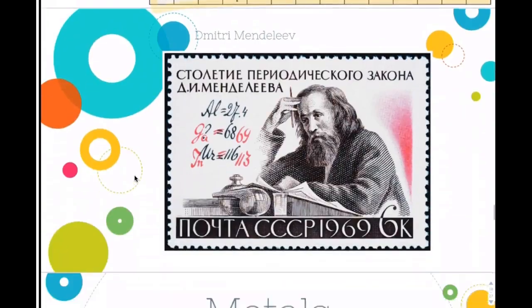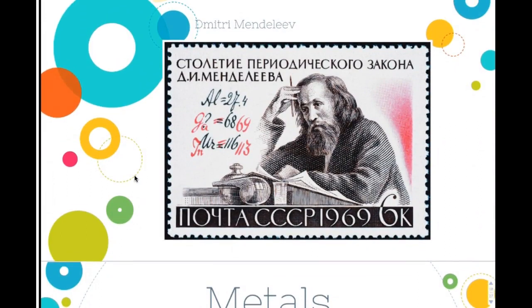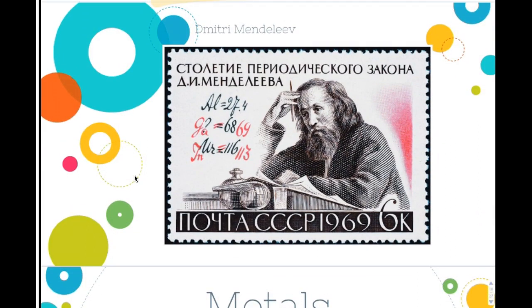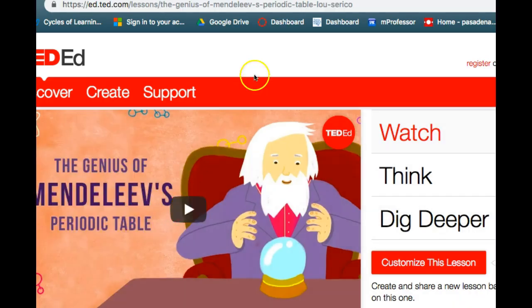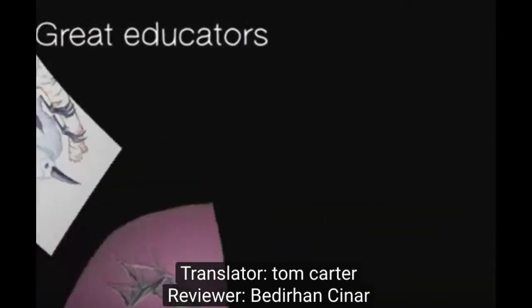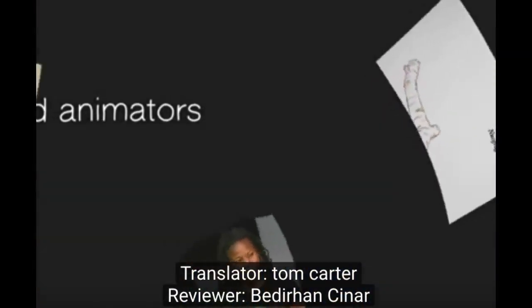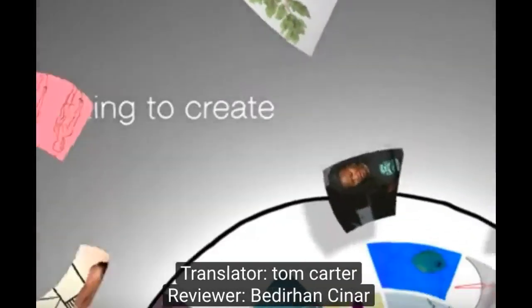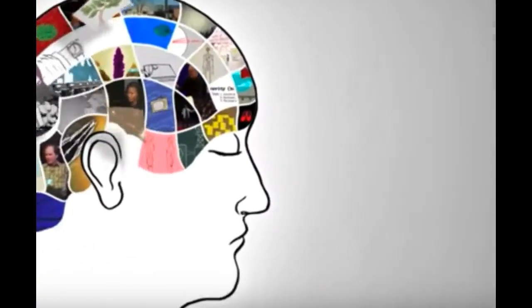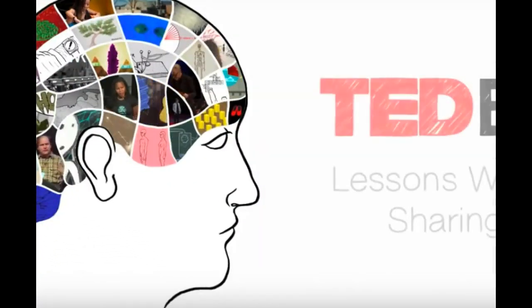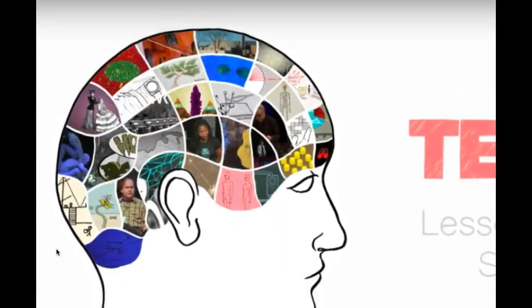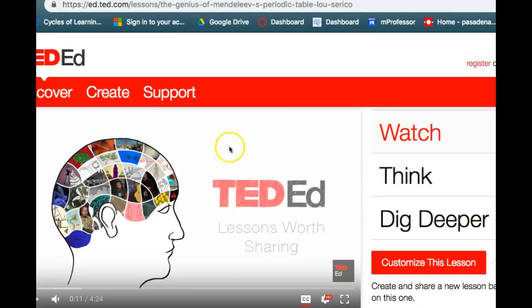And so next there is a link in the slides for a video, and this video is of Dmitri Mendeleev. And so if you click on the link in the slides, I highly recommend watching this video. I don't think it's going to let us have the sound on while I'm talking. So I'm not going to have the video play during the lecture, but I would recommend that you watch this.